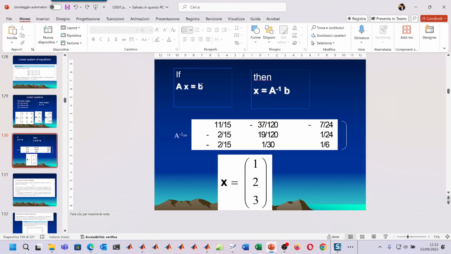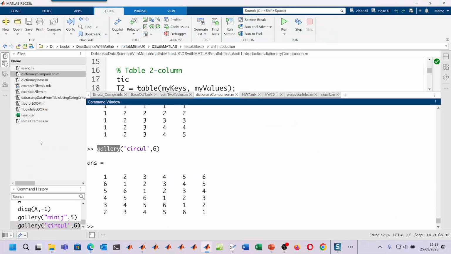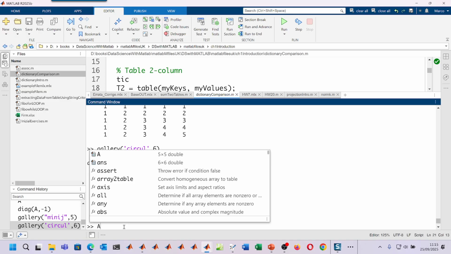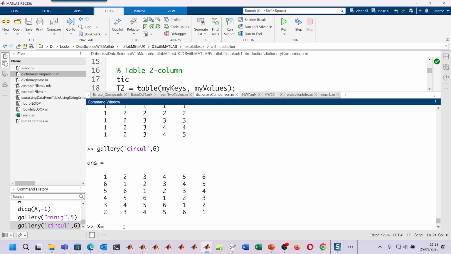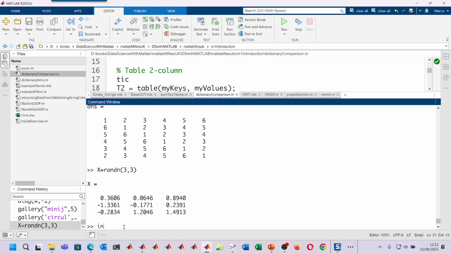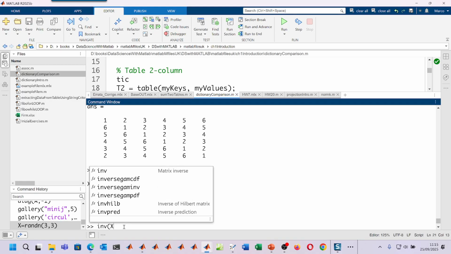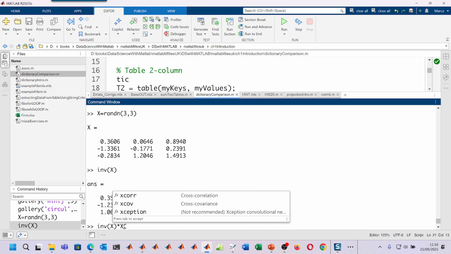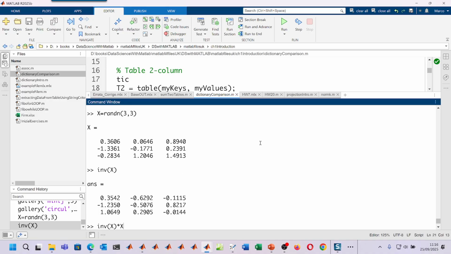In general, if you have a 3 by 3 matrix X, inv of X is the inverse. Inv of X times X is what? The inverse of X times X is what? Yeah, of course it is the identity.